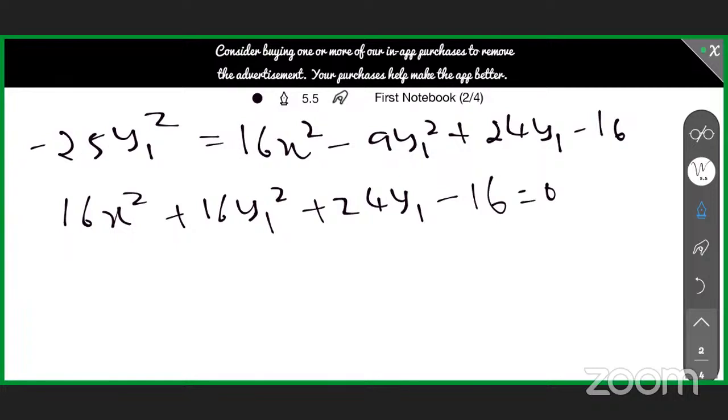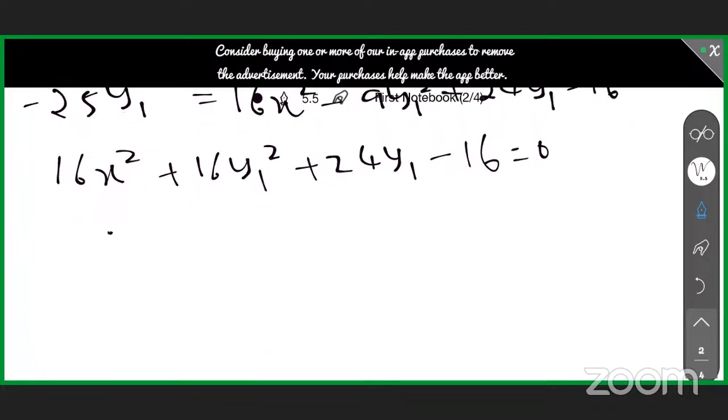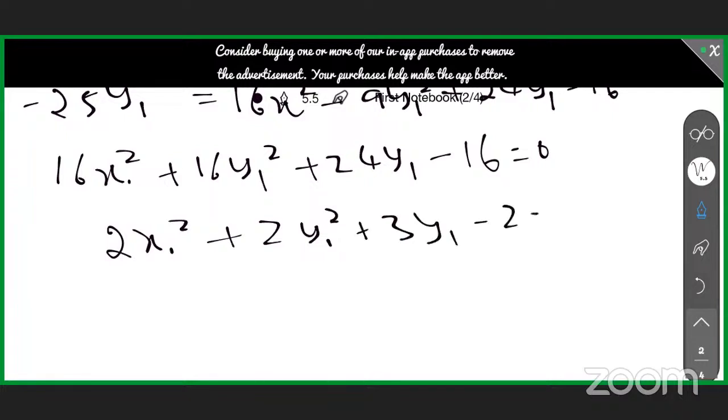If I take 8 as common, 2x1 square plus 2y1 square plus 3y1 minus 2 is equal to 0.